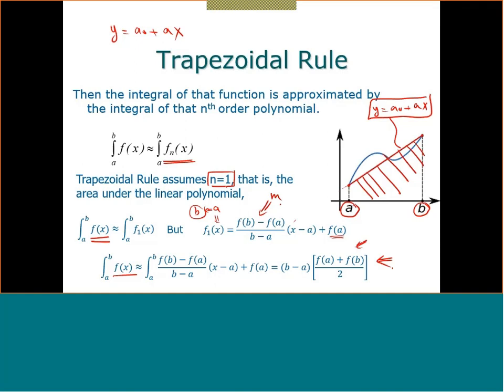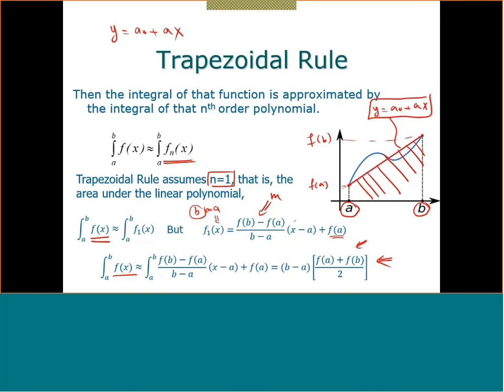It is b minus a, which is the x-axis, times f of a, which is this one, plus f of b, which is this one, divided by 2. So that's the area of a trapezoid.